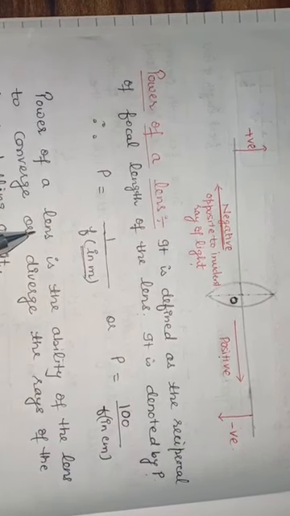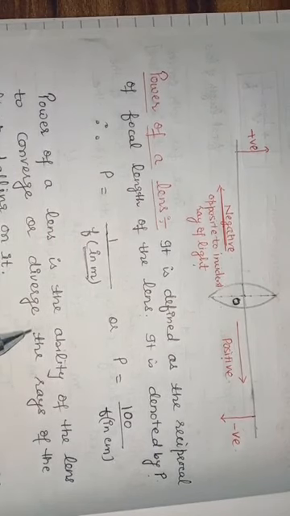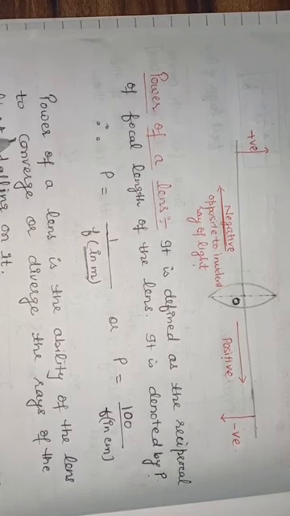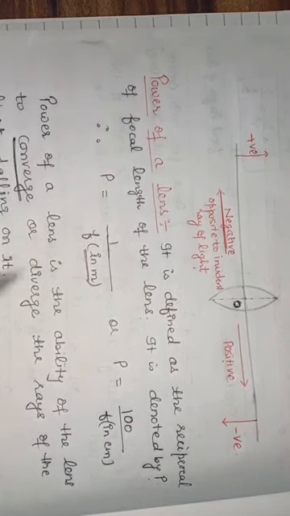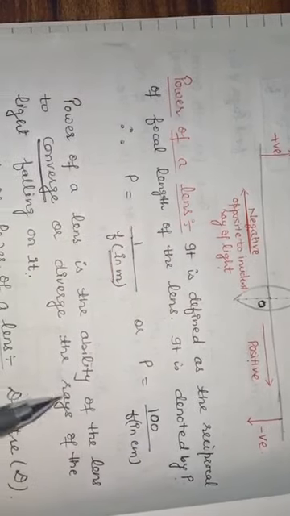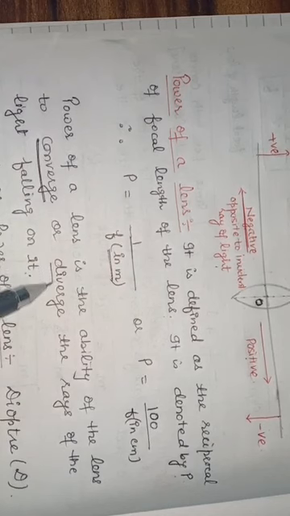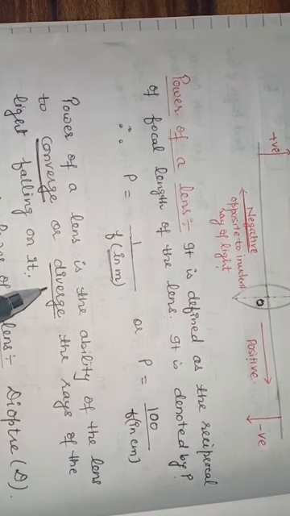Power of a lens is the capacity of a lens to converge or diverge the rays of light falling on it. If it is converging the rays of light which are falling on it, then it means the lens is a convex lens. If it diverges the rays of light, it means we are dealing with a concave lens.